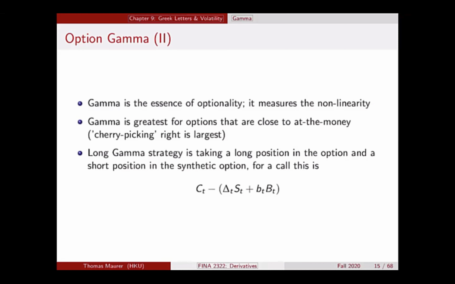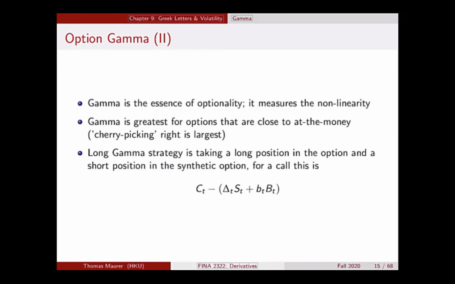That was an argument you have seen in earlier chapters: if you're very close to at the money, then the uncertainty is the biggest whether you want to exercise your option or not, and therefore being able to wait and see what's going to happen, that value is going to be the largest. And that's going to be reflected in the gamma being very large if you're close to at the money.